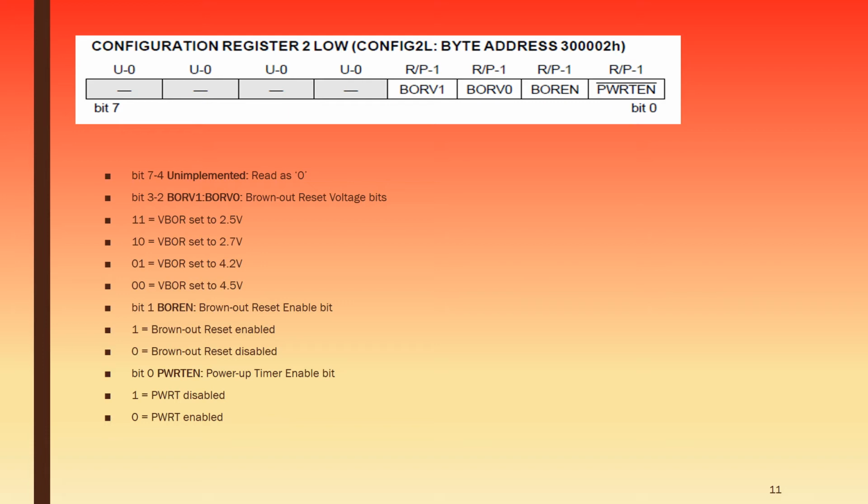It is basically a kind of comparator. Due to, for example, external noise or thermal conditions, the supply voltage may change for some period of time, and this would malfunction the operation of the microcontroller, no doubt.